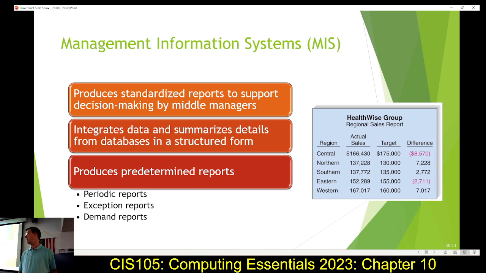Or if somebody made a data entry mistake, you'll see an exception report where it will show who made the mistake and when, or they mistyped something, and it doesn't look normal. But those are exception reports. Demand reports, well, usually we want to run those pretty quickly, so we want them on demand.